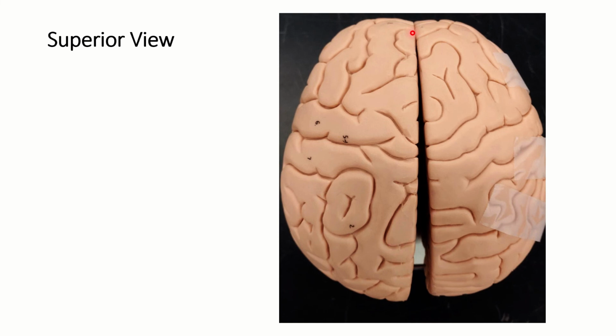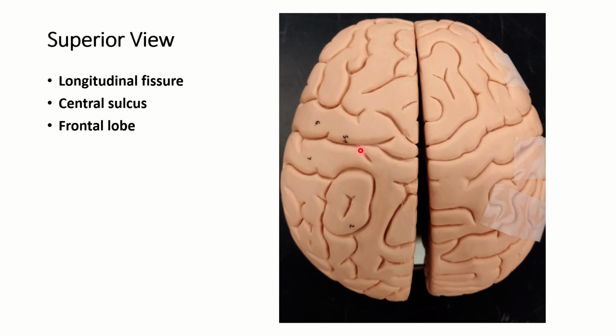This is the superior view, and you can see the longitudinal fissure. That's separating the two cerebral hemispheres. Central sulcus, you can see in this view. That's the best view to see the central sulcus. Anterior to the central sulcus, you have the frontal lobe.